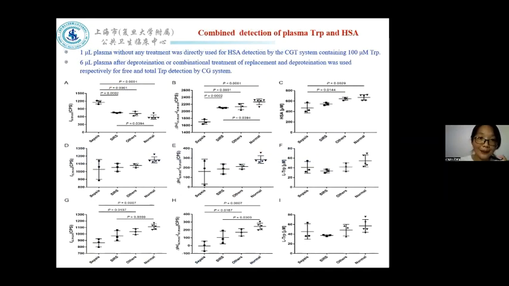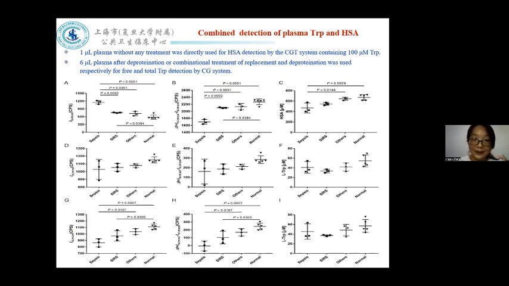Finally, 1 microliter plasma without any treatment was directly used for HSA detection by the CGT system containing 100 micromole per liter tryptophan, and 6 microliter plasma after deproteination or combinational treatment of replacement and deproteination was used respectively for free and total tryptophan detection.